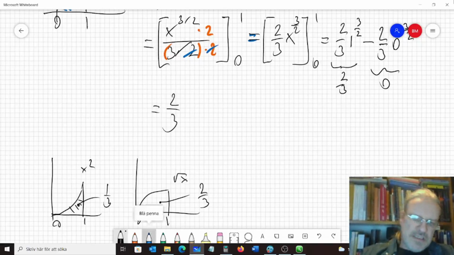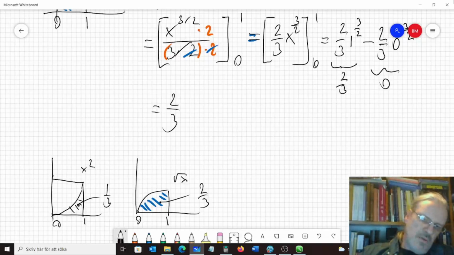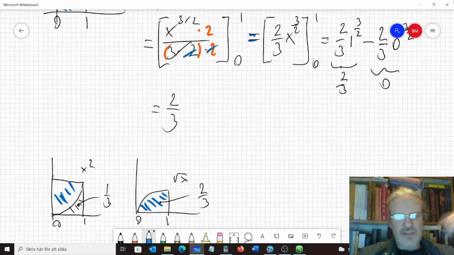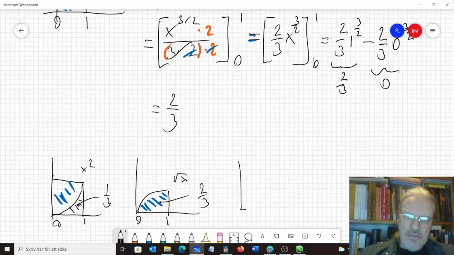But if you think about this a little bit carefully, we can see that this area here actually will be the same as this area over here, because the square root curve and x squared curve are inverse to each other. That's pretty cool.